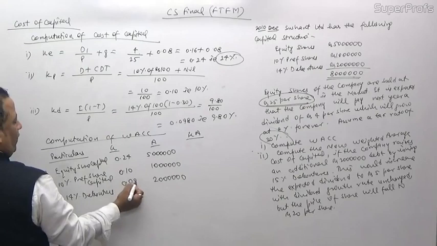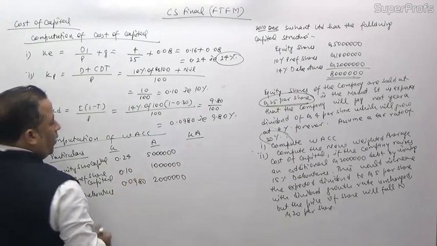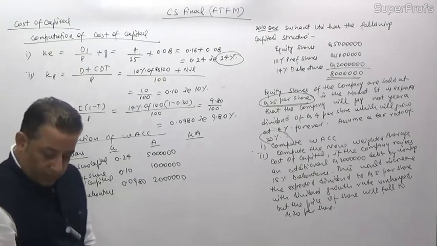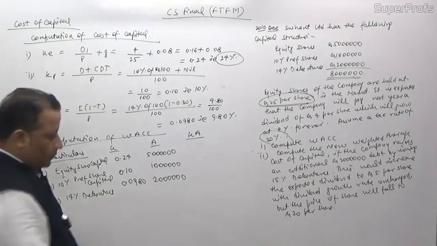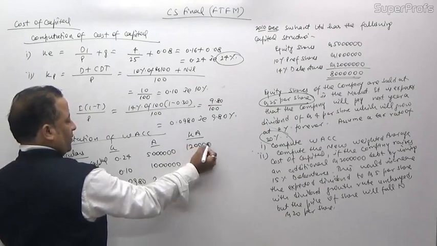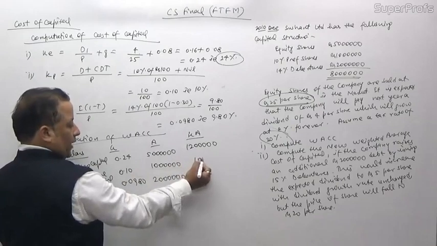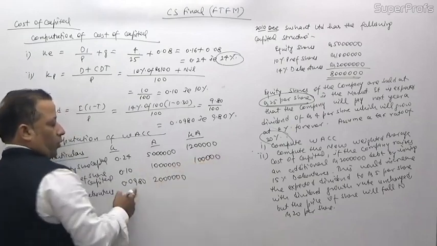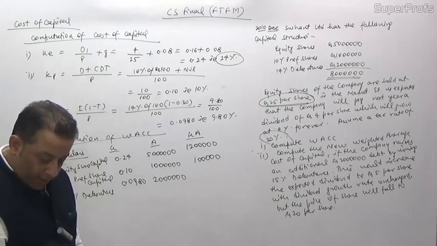The cost of debt is 9.8%. So 50 lakh into 0.24, 12 lakh. 10 lakh into 0.10, 1 lakh. 0.0980 into 20 lakh.